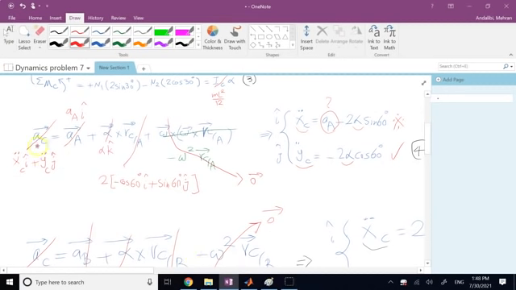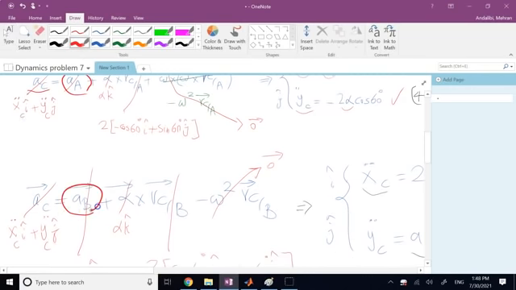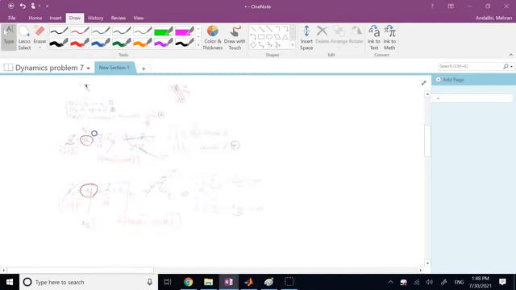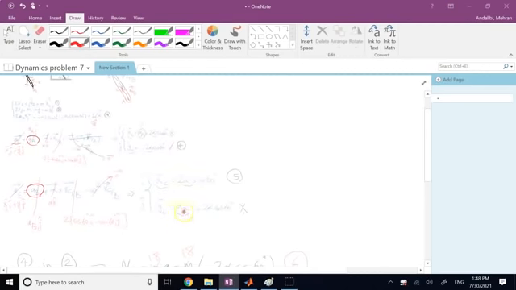Which connects the acceleration of the centroid to another point where that point has a constraint. So by relating the acceleration of centroid to a point that has a physical constraint, you should be able to get some kinematics equations like these. Okay, and that's it. That's all you can get.